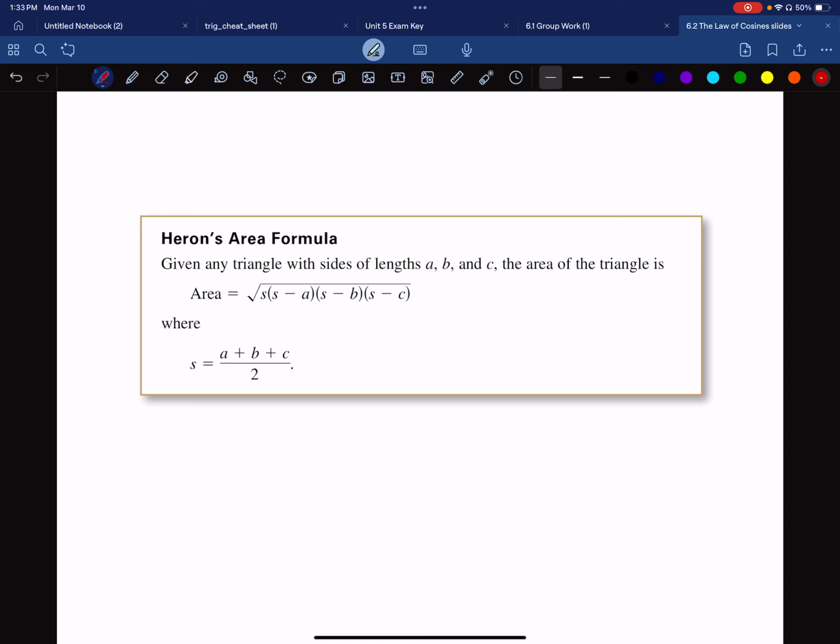And it's just this: root S times S minus A times S minus B times S minus C gives us the area of the triangle, where S is the sum of all sides divided by 2. So if you know all three sides of the triangle, you can use that information without having to explicitly find the height.